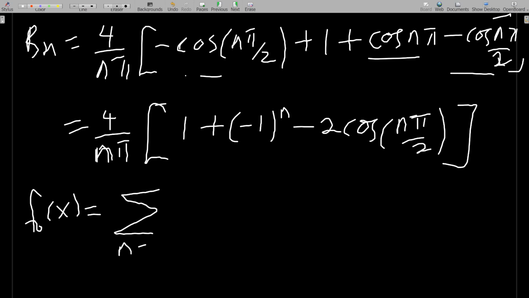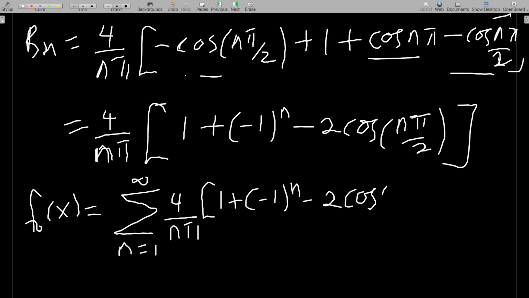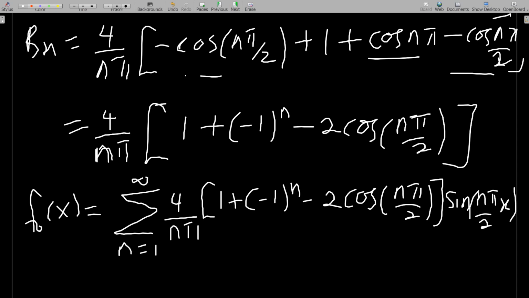summation n equals 1 to infinity, then our bn, where our bn is 4 over n pi, okay, 1 plus minus 1 to the power n minus 2 cos of n pi over 2, okay, then sine of n pi over 2, then x, because the L here is actually 2.